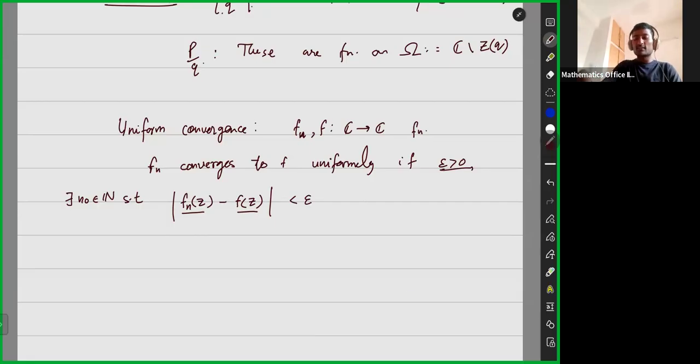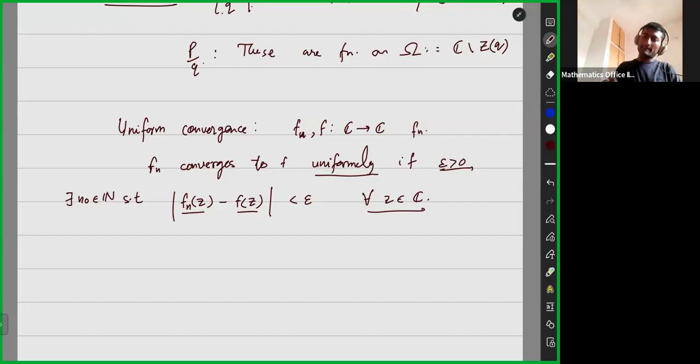And note that this holds for every z. If it is a single sequence of complex numbers, it converges, then n naught depends on epsilon, but here we are taking it for all z. That makes it uniform. This is important in the definition of uniformly convergent sequences. So the same epsilon and same n naught work for all z.